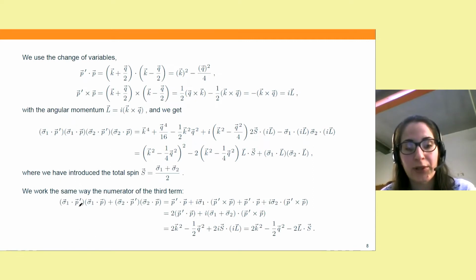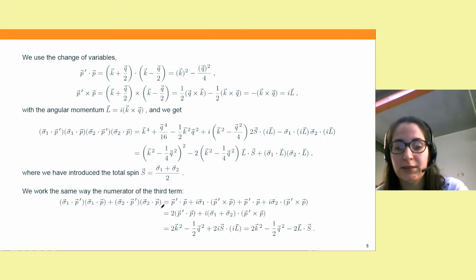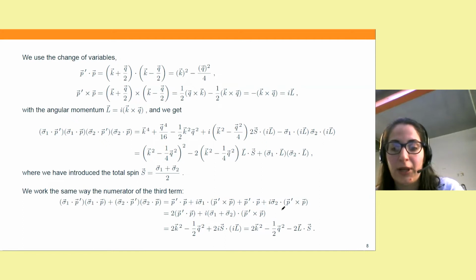That was sigma 1 times P prime, sigma 1 times P plus sigma 2 times P prime, sigma 2 times P. And we can work this out, and we see that again with the properties of the Pauli matrices, we have some scalar products of the P and P prime, and then some scalar vector products, and we can simplify this, and we see that we get again a product of the angular momentum and the spin that appears here from this definition in terms of the Pauli matrices.